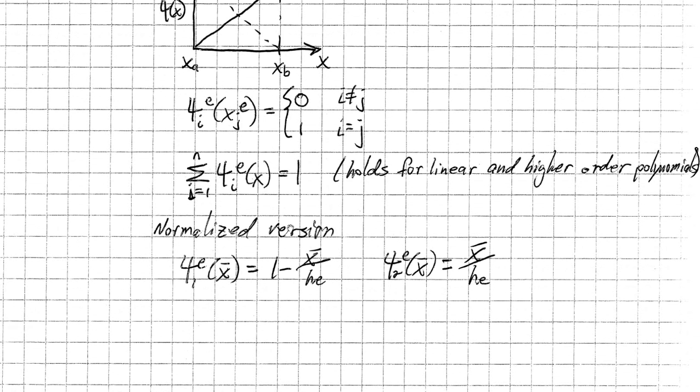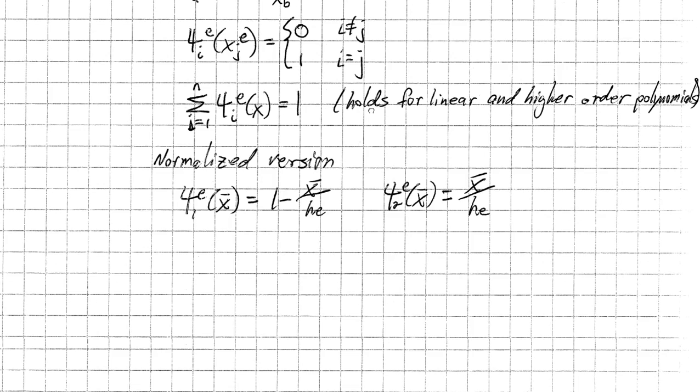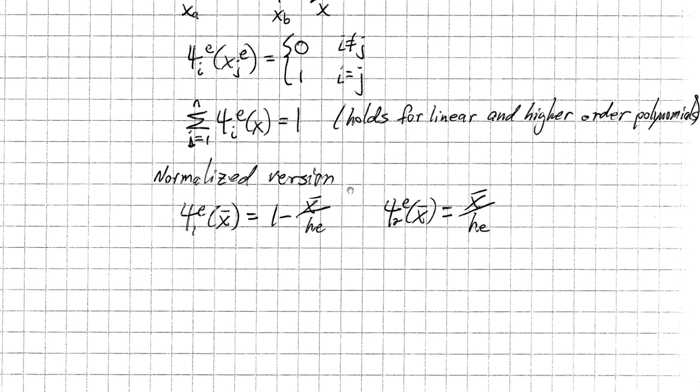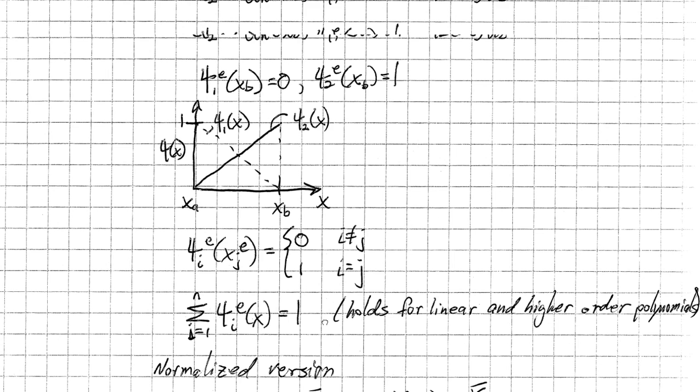Now, often what we'll do is we'll use these normalized versions. Yeah, we'll stop right here, but I'll talk later about what I mean by this normalized value. That will become very useful when we assemble these elements into a large array of chains.